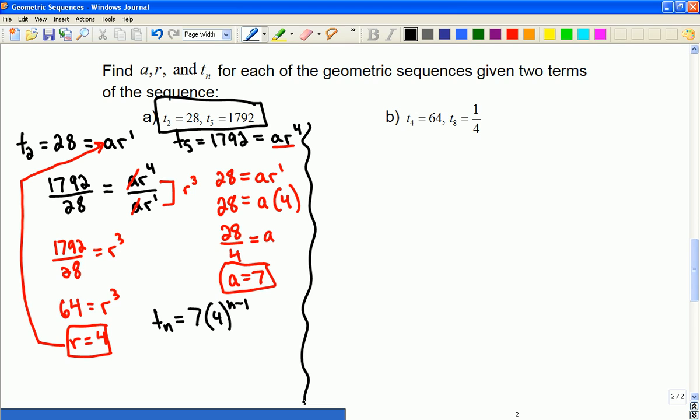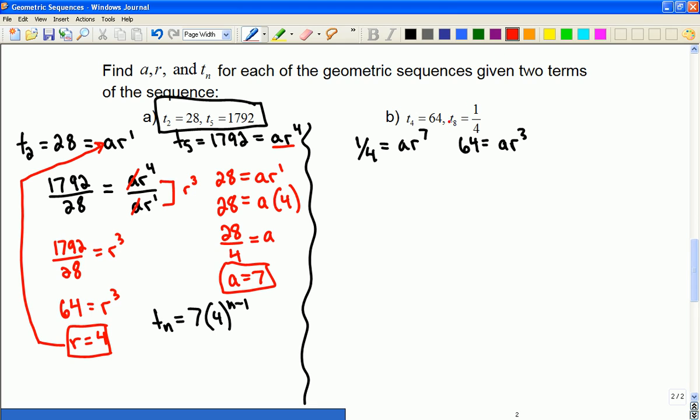Okay, so this next one is a little trickier, and you'll see what I mean once we get into it. Most students get the whole way through it, but they've forgotten something carelessly, so we'll see if you can figure it out as we go. Okay, so again, 1/4 is going to be AR to the 7, and 64 must be AR cubed.